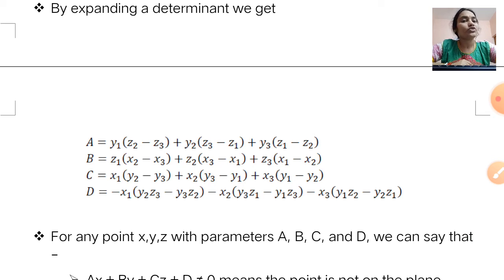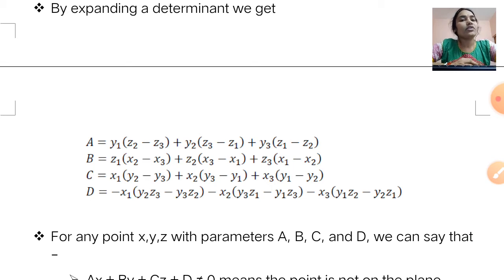This is your A value. Then B equals z1 into x2 minus x3 plus z2 into x3 minus x1 plus z3 into x1 minus x2.